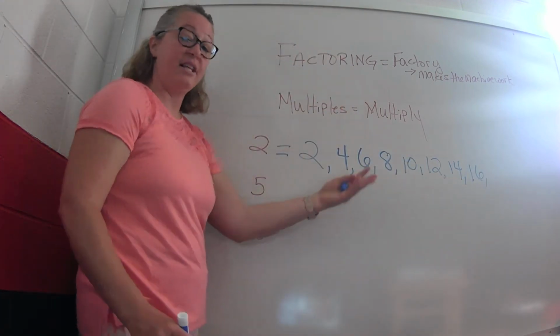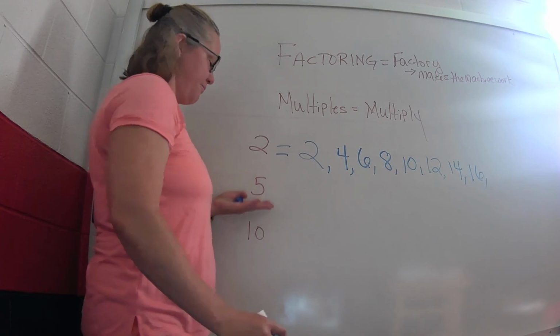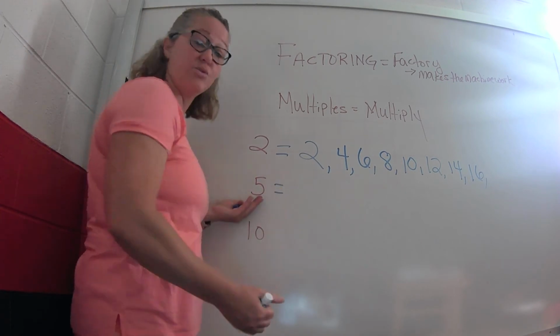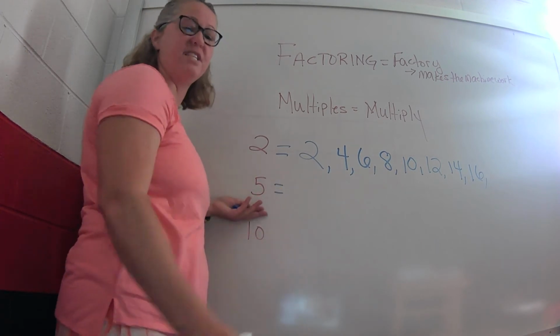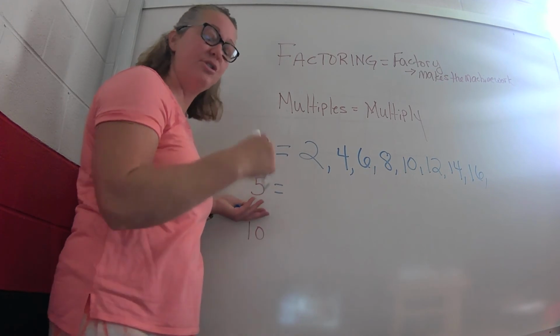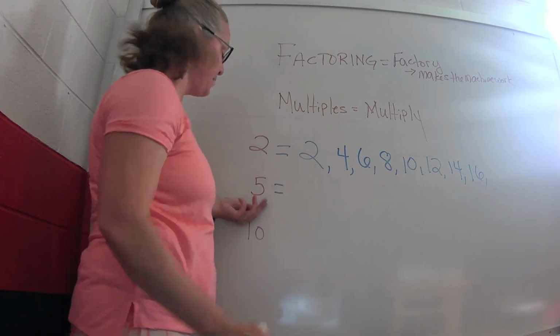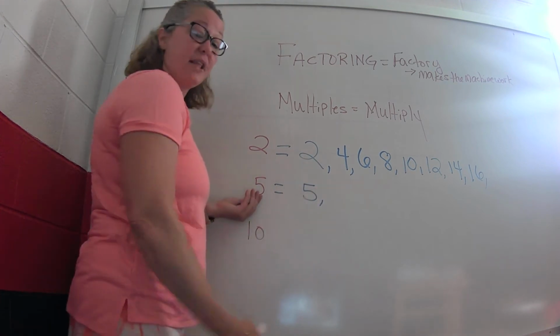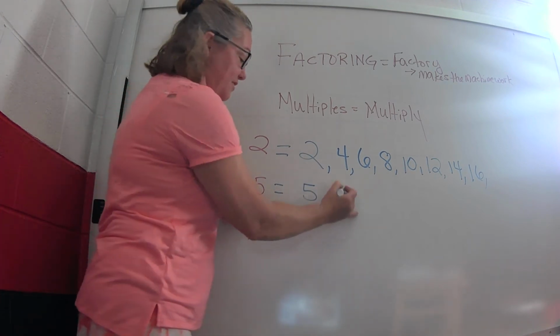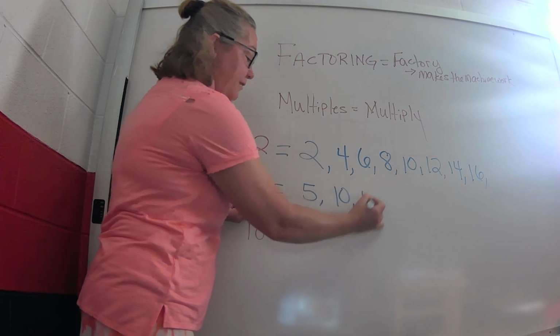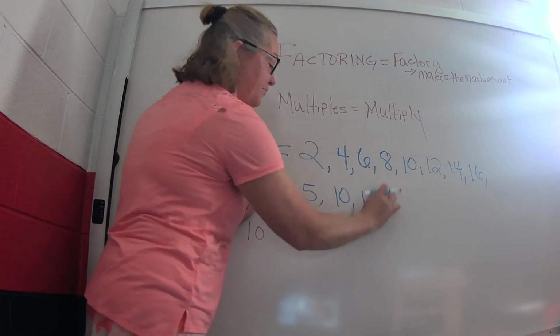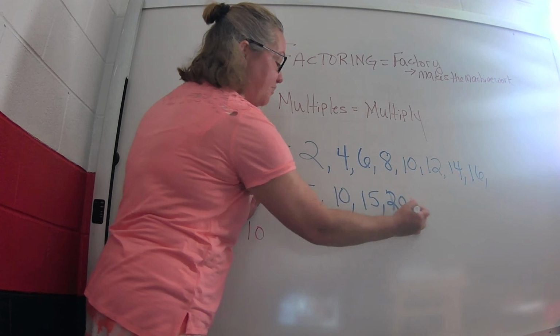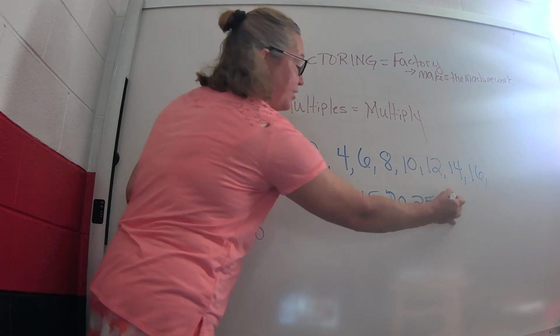All right, let's look at the multiples of 5. Doing some of the common ones because we've learned to skip count by 2s and 5s and 10s ever since kindergarten, and so it's just a good reminder here. All right, so let's again start with the number itself, which is 5. That's 5 times 1. Well, 5 times 2 is 10, 15, 20, 25, 30.